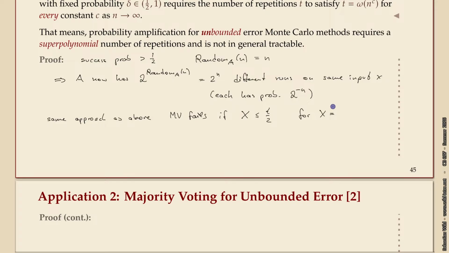And again, x is a binomial distribution, but this time all we can say is that the probability p is strictly greater than 1/2. But we can say a little bit more under this assumption, because remember, in the probabilistic Turing machine, everything is deterministic once the random bits are chosen. And if I only have 2 to the n different runs, and it has to be strictly greater than 1/2, we actually know it could be 1/2 plus 2 to the minus n in the worst case.